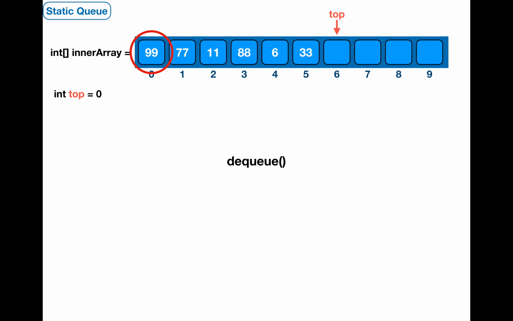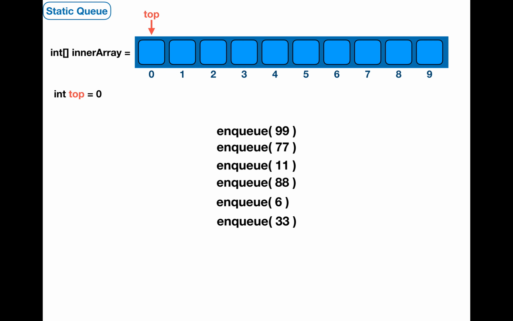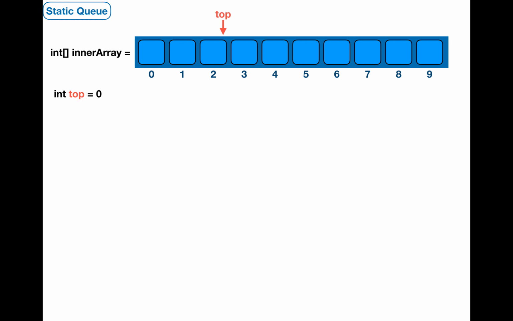But then if we wanted to dequeue, remember that a queue will give you back the first thing that we put in. So the first thing that came into this queue was the number 99. And if we look back at it, the first thing that was enqueued was 99. So ideally, whenever we dequeue, we want to dequeue 99.